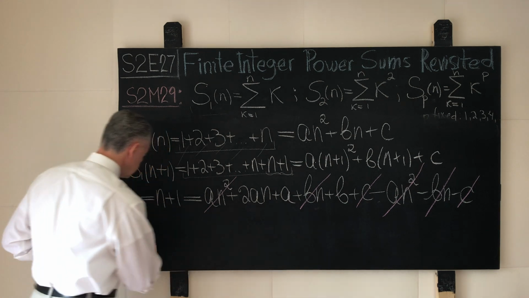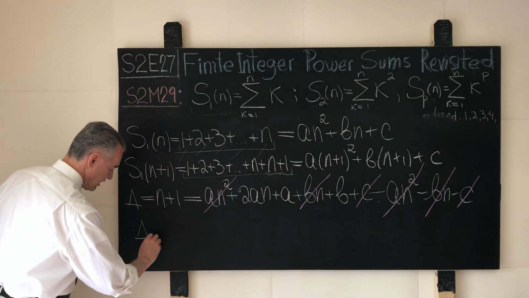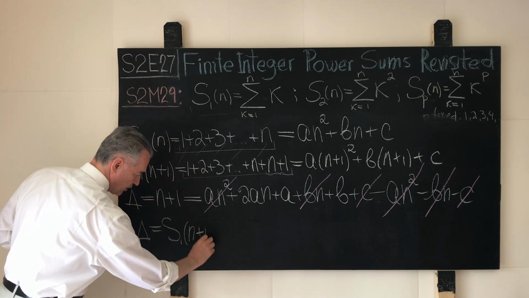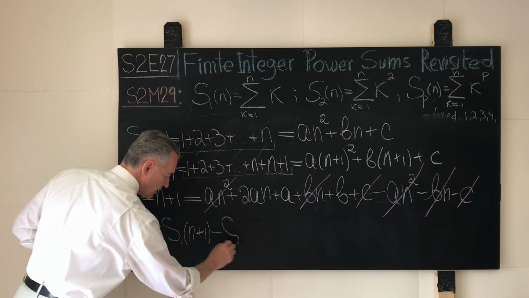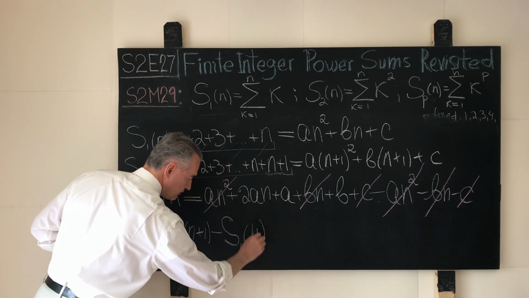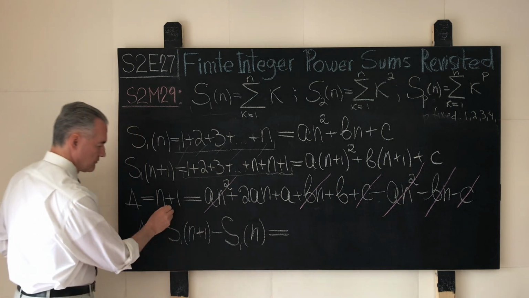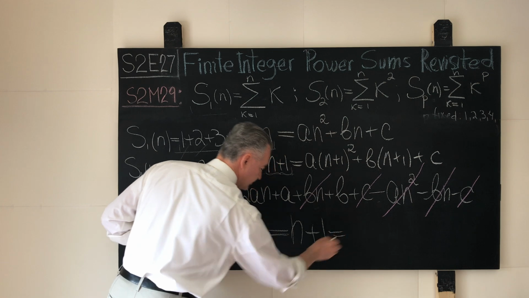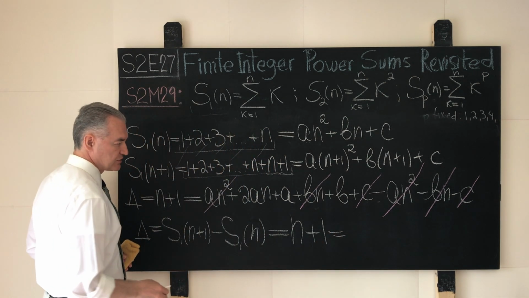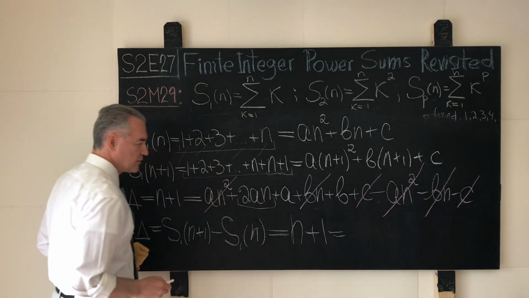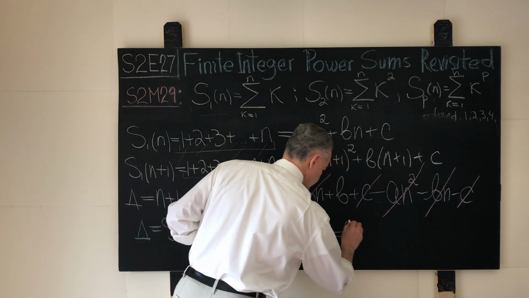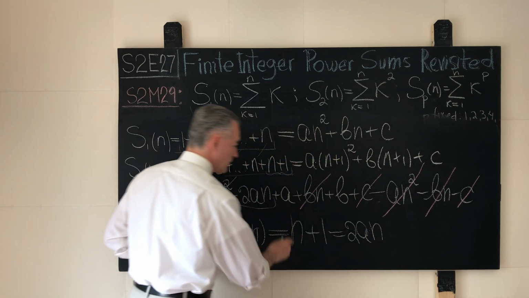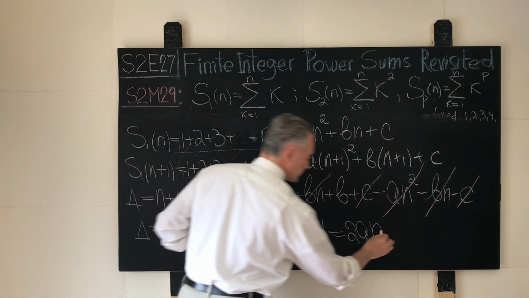So now what do we have? Let's write it down somewhat officially: delta as S1 of n plus 1 minus S1 of n will be what? N plus 1 on one side, and on the other side of the equal sign, we'll have 2 times a times n, this is the product sign, plus a plus b and nothing else.